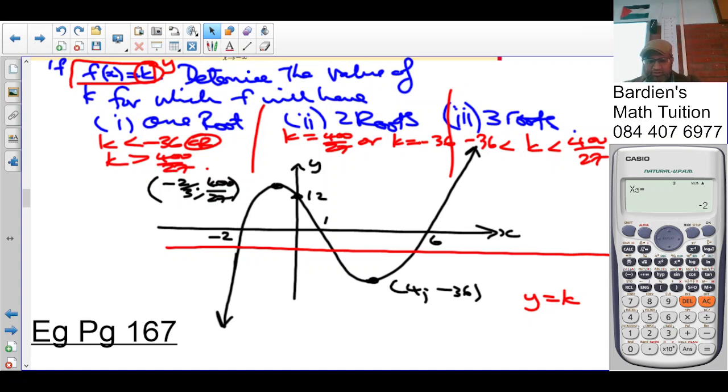Worked example 2, and this is on page 168. Example 2, page 168.